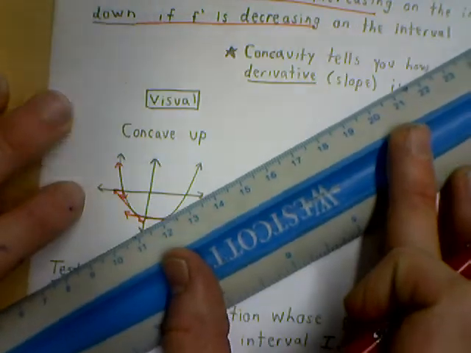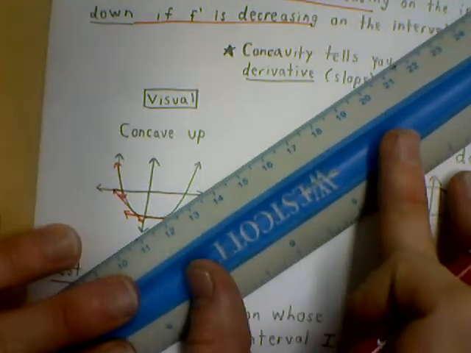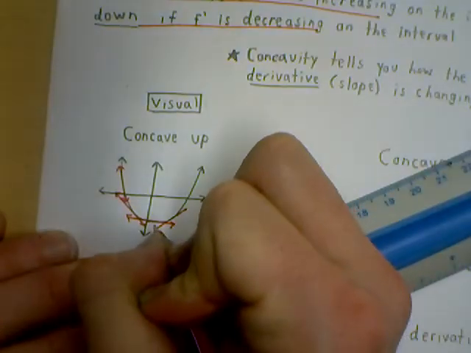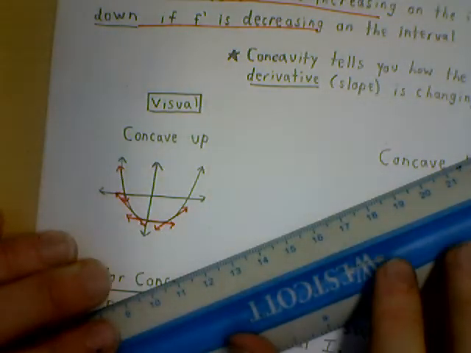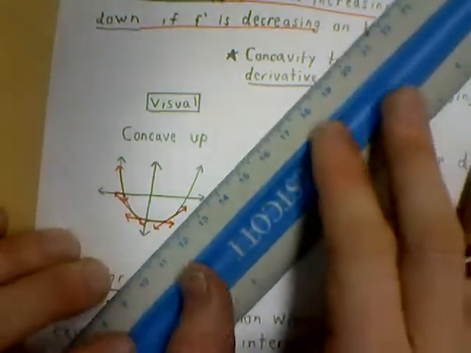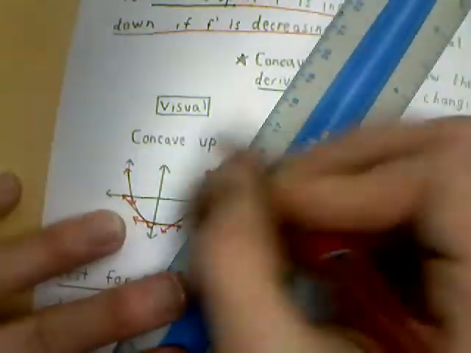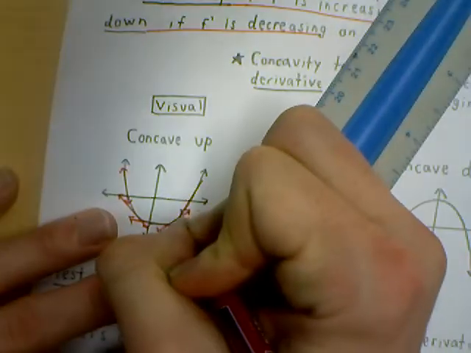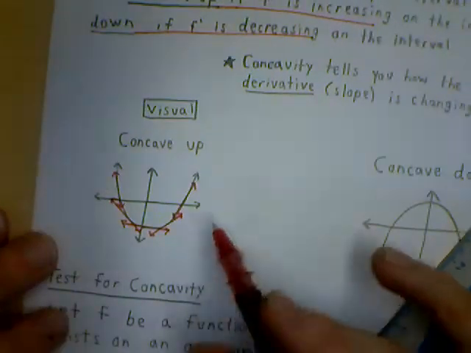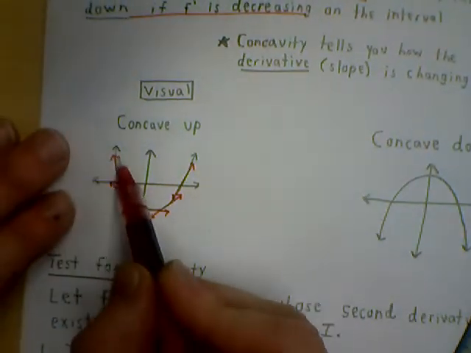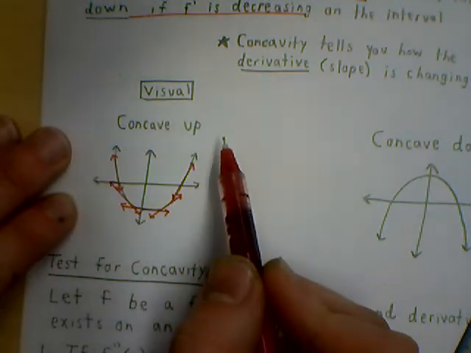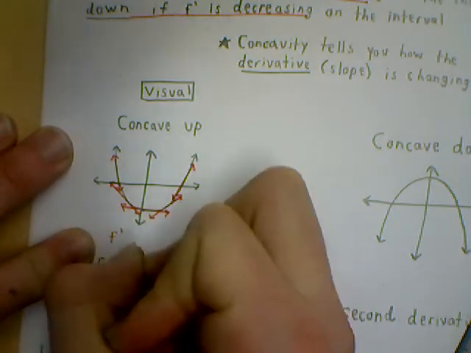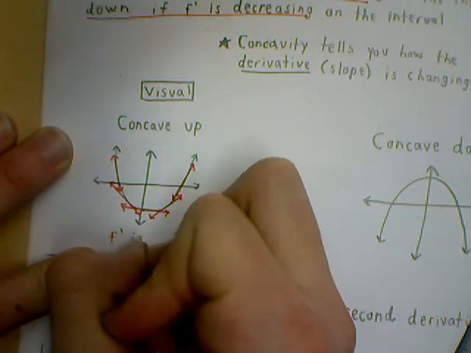Now, if I draw in my tangent line to the point right here, my slope is now positive. And now if I draw in the slope of my tangent line at this point, my slope is very positive. So my slope went from very negative to very positive. We're going to say f prime, or the slope, is increasing here.